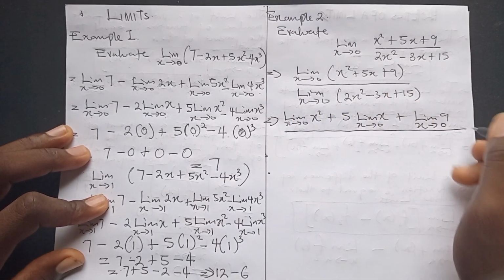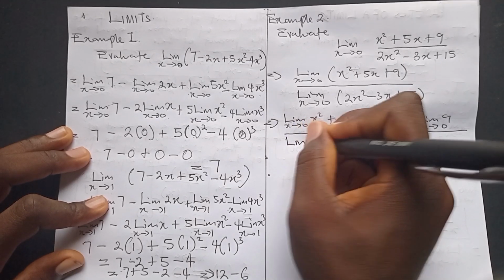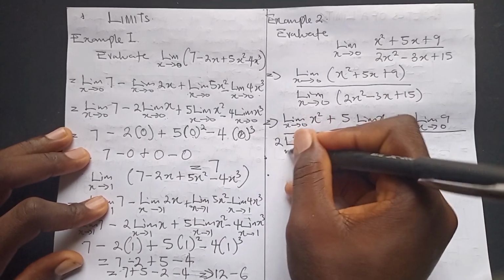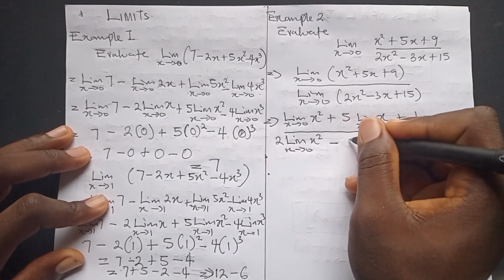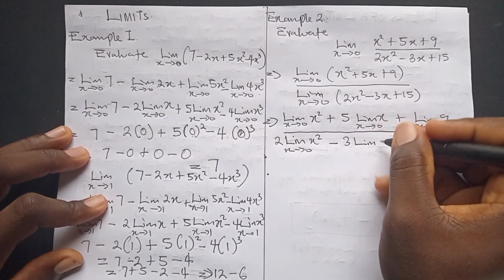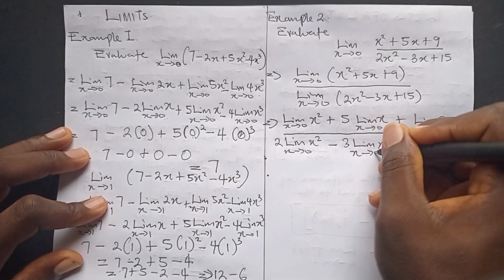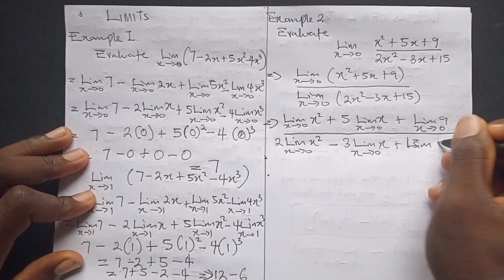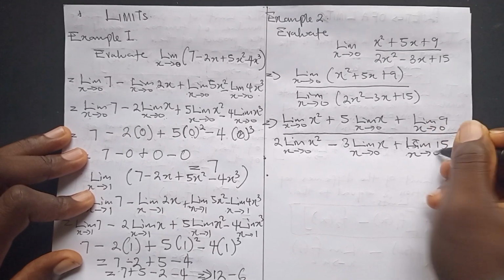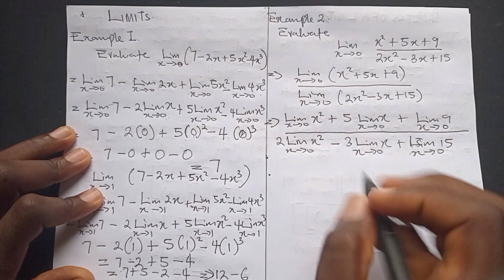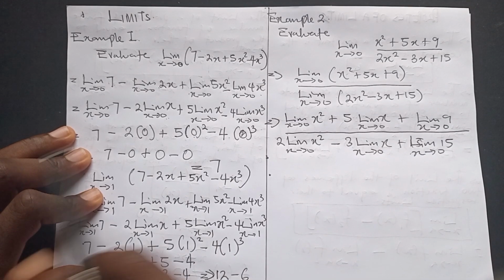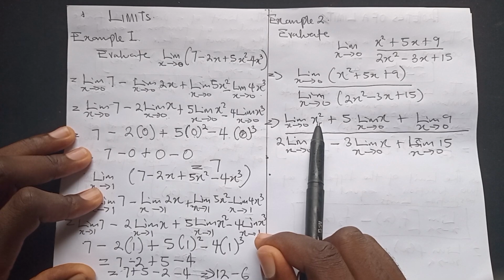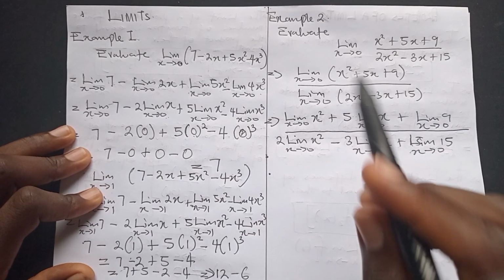Remember, it's divided by 2 lim x squared when x tends to 0, minus 3 lim x when x tends to 0, plus lim 15 when x tends to 0. Now, remember I said that when x tends to 0, wherever you see x, you substitute it with 0.